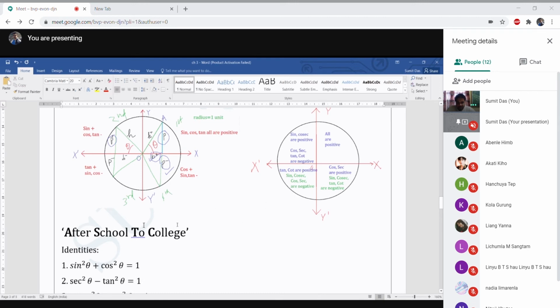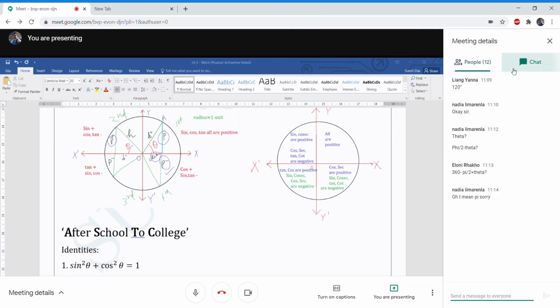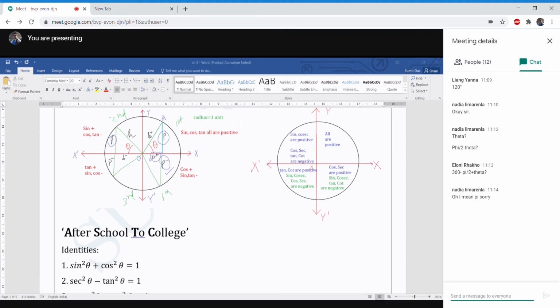S denoting sine, so in second quadrant sine is positive, right? T tan third quadrant, and C cos fourth quadrant. So sine is positive in which quadrant? Sine is positive only in first and second quadrant, right?